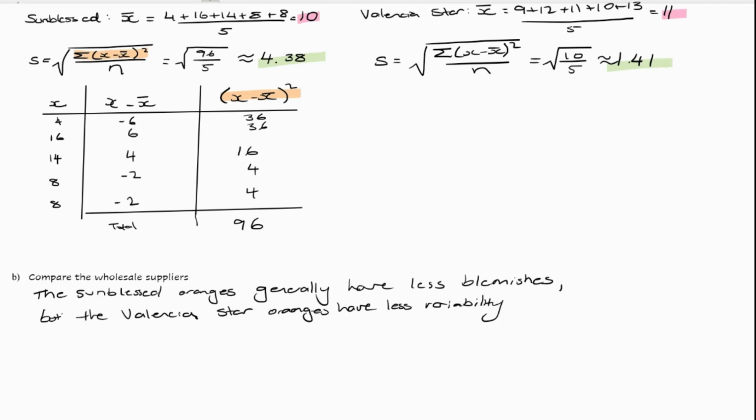Or we could get the Valencia stars, knowing that on average they might have a few more blemishes. However, it is going to be a lot closer to the number of 11, rather than looking at near 14. Maybe we're looking more around the 10 or 12 mark, compared to anywhere between less than 10, which would get me 6, or 4 more than 10, which would give me 14.